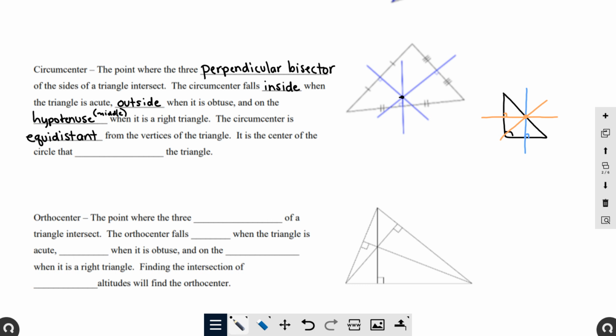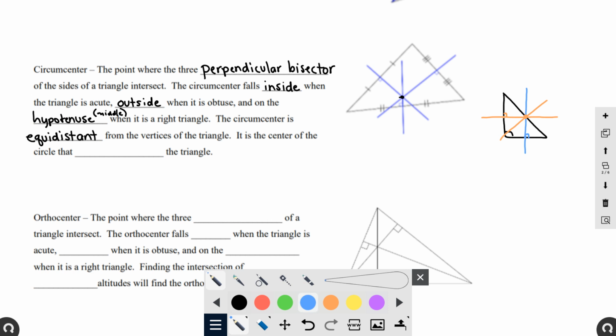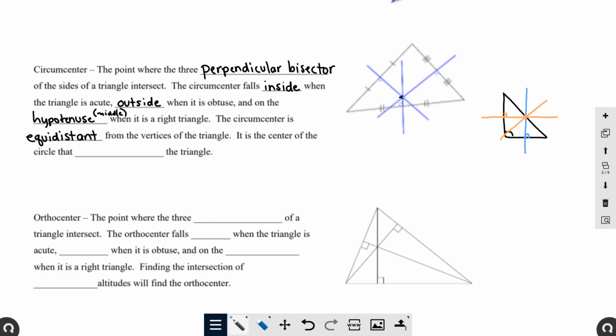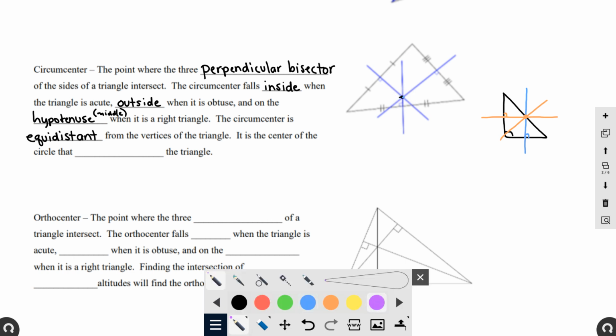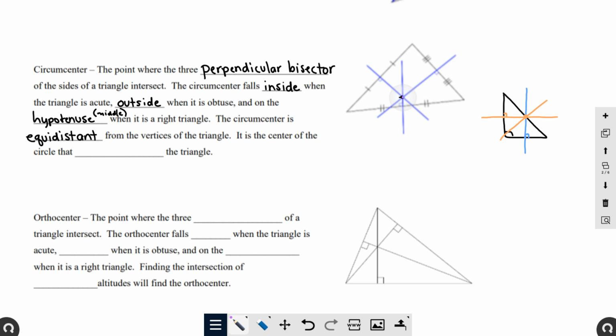So now we're kind of going to go backwards. The distance from the circumcenter, and I'm going to have to draw some extra lines in here, to each vertex is going to be the same.